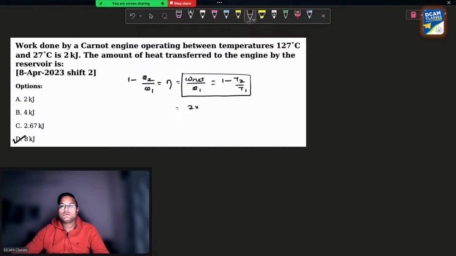So 2 into 10 power 3 divided by Q1 is equal to 1 minus T2 by T1. T2 is 227, no? 300. 127 is 400. 2 into 10 power 3 by Q1... Oh, it was very easy. So Q1 is equal to 8 kilojoule. That's the solution.